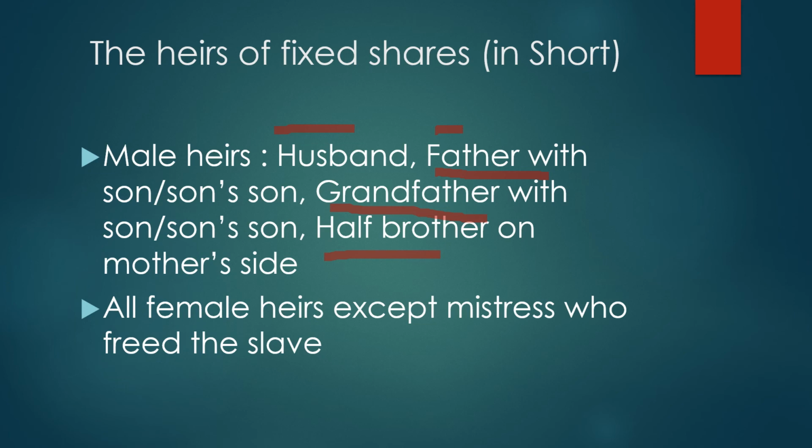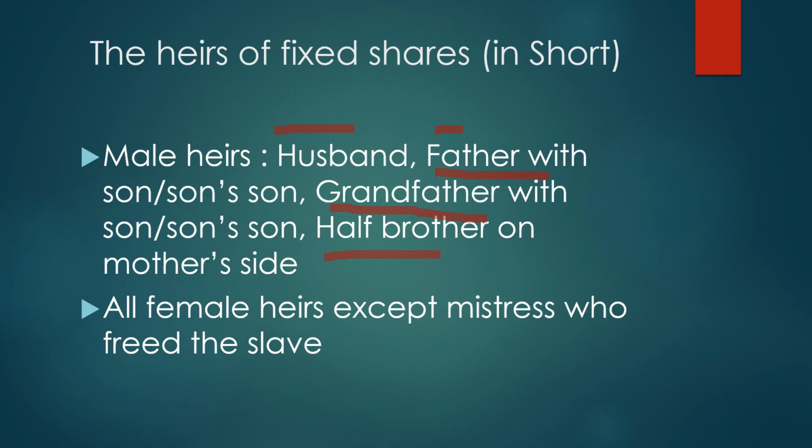Out of 15 male heirs, we have only 4 members who are the heirs of fixed share. Out of these 4, only husband and half brother on mother's side are heirs of fixed share forever. Father and grandfather, when they come with the dead person's son or son's son, will be the heirs of fixed share.